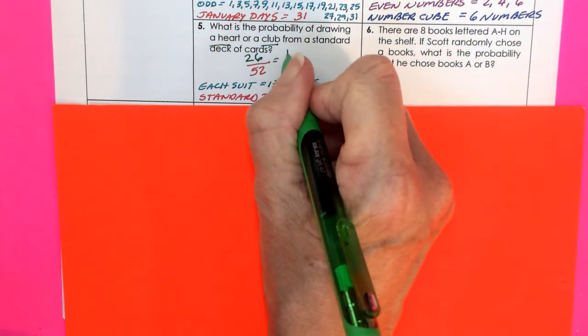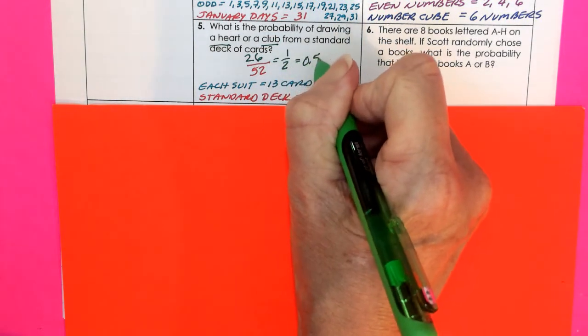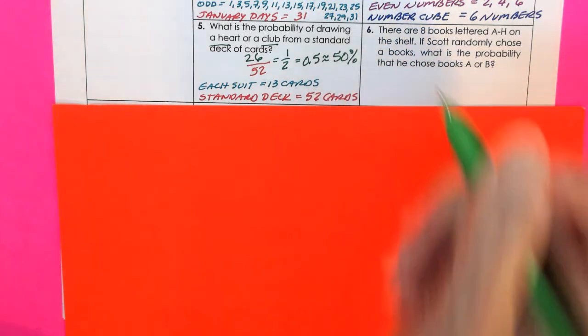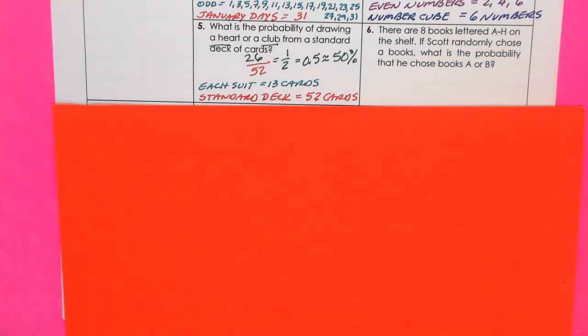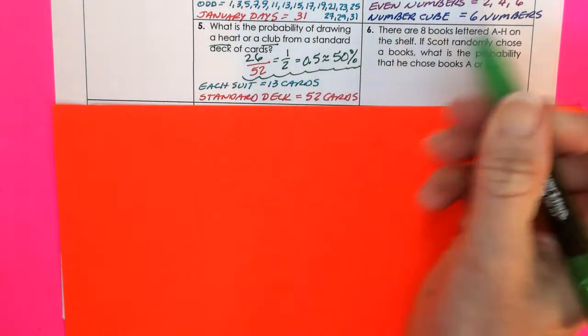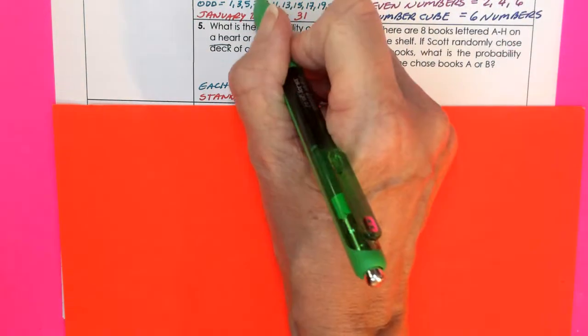Again, that fraction reduces to 1/2, which equals 0.5, which is about a 50% chance. It's absolutely a 50% chance. There's no rounding needed. Okay, so this all here was an answer, and all 3 of these were an answer, depending if they ask for the fraction or ratio, the decimal, or the percentage.